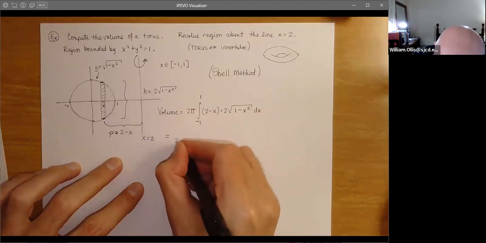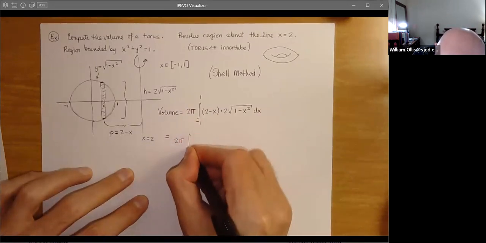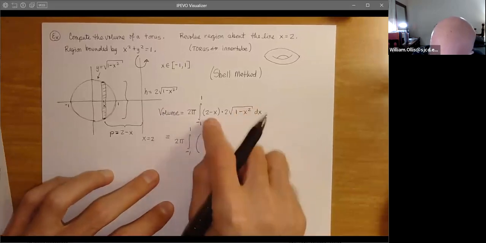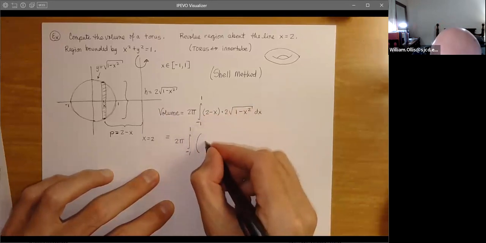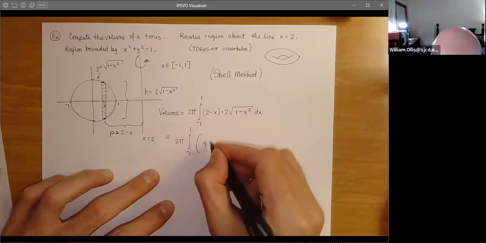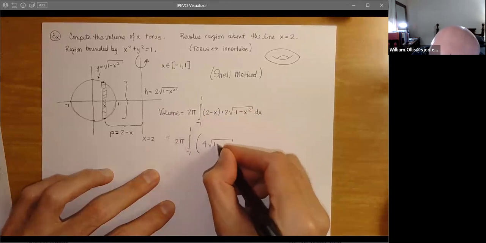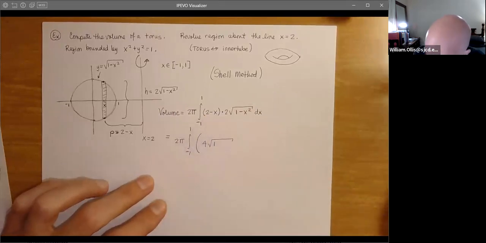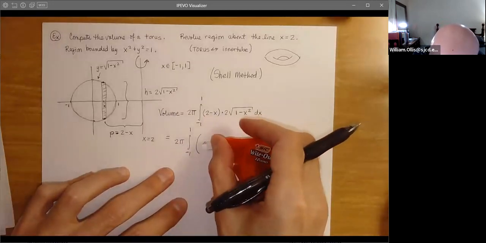So we have 2 pi, integral from -1 to 1. So let's see what this gives us. So now we've got the 2 and the 2 here. So that's going to be a 4. So we've got 4 square root. Well, I could have factored this, and before I do that, let me just make it a little bit simpler.